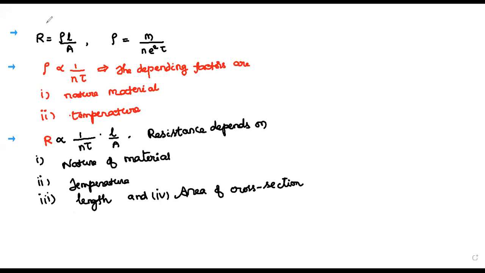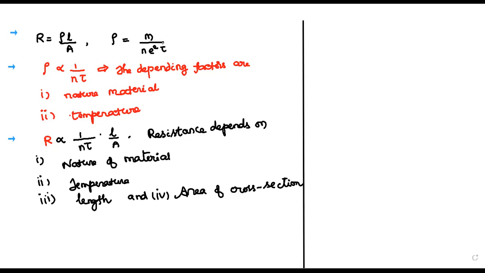First we have to discuss how the resistance or resistivity depends on temperature. Because if the material is changed, resistance and resistivity both will be changed. For different materials the resistance or resistivity is different, and those values we have to find out practically. That is a different story.